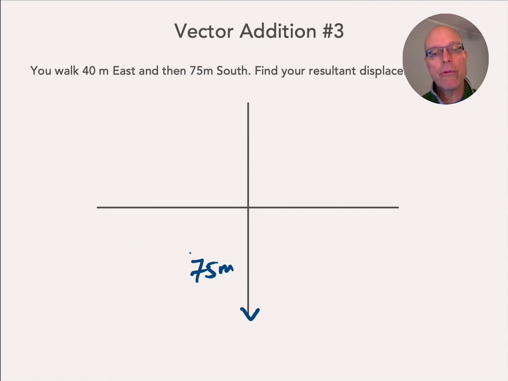If you draw the long one first, then you always have a small angle on the inside of your triangle, and that makes it easier to work. It makes the trig consistent, and it also makes it easier to think about the compass when it gets down to it. Okay, so 40 meters rather is going to branch to the east out of that, and I've got this kind of 4th quadrant deal going on right there.